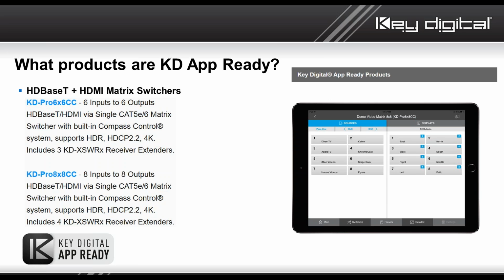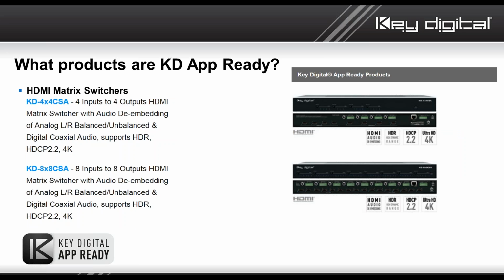user and their employees. And it's very similar with the 4x4 and 8x8 simplified HDMI matrix switchers, with a very cool audio de-embedding connectivity on each and every output that gives you a de-embedded audio signal on analog and digital audio of the selected HDMI source.